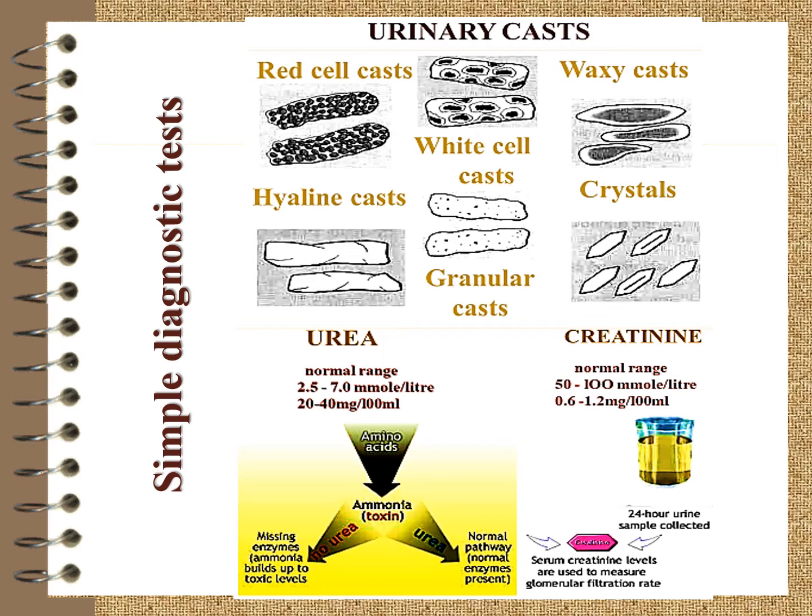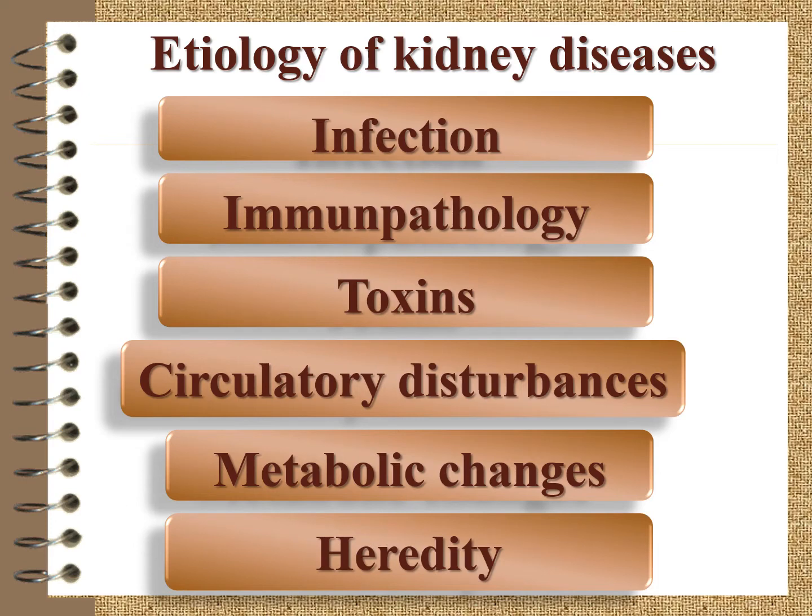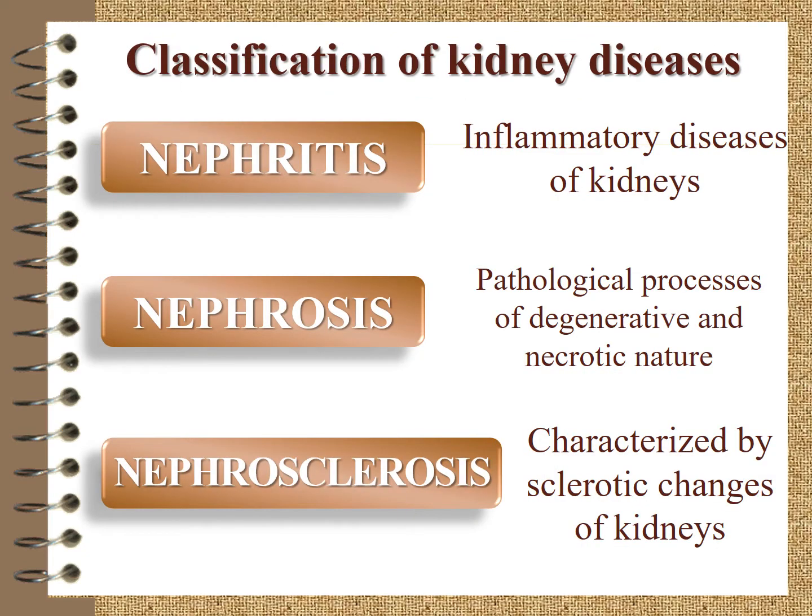And blood chemistry also can indicate a pathological process in the kidney by the level of blood urea and creatinine. The following causal factors can produce renal disease: infective, immunological, toxic, which may be endogenic or exogenic, metabolic, circulatory, and hereditary factors.